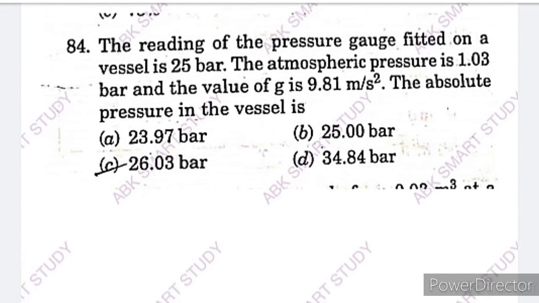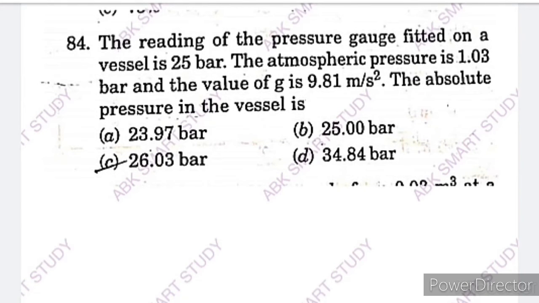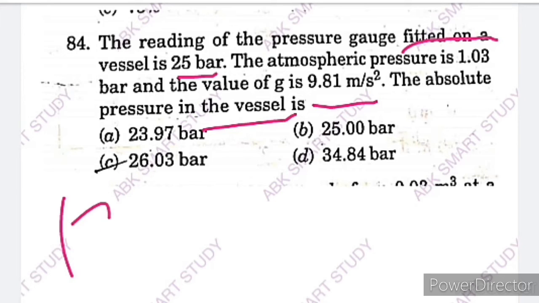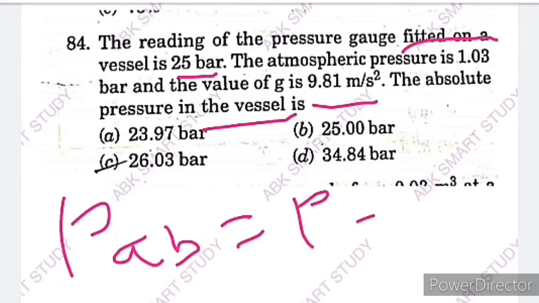Here again reading of pressures are given. The reading of pressure gauge fitted on a vessel is 25 bar. Then the atmospheric pressure is 1.03 bar and the value of g is 9.81 meter per second square. Then the absolute pressure of vessel is, we know P absolute is equal to P atmospheric plus gauge pressure.